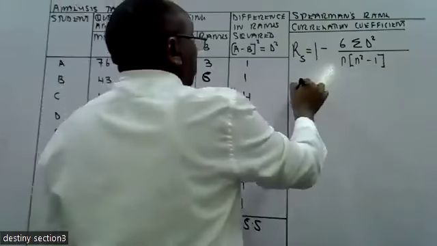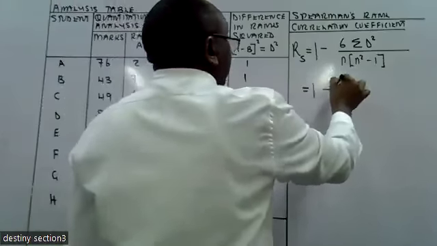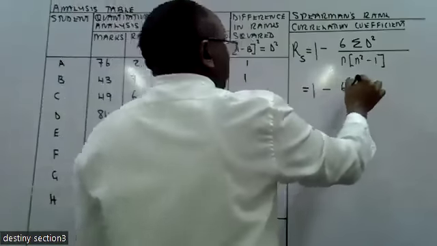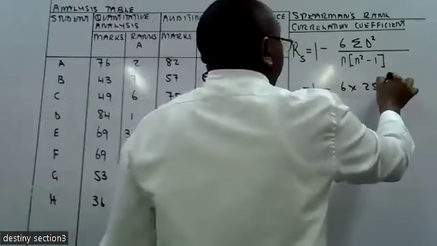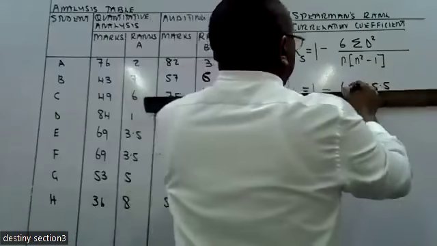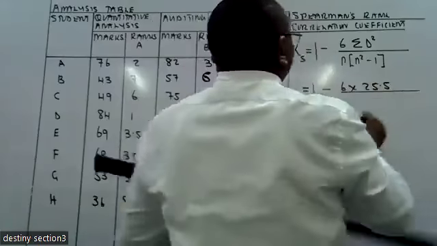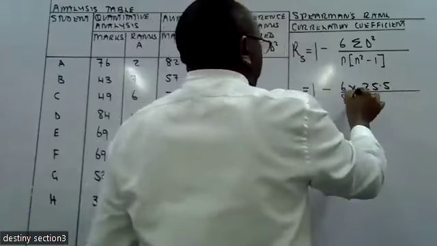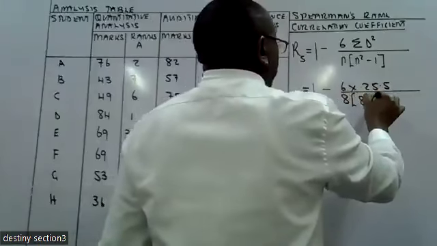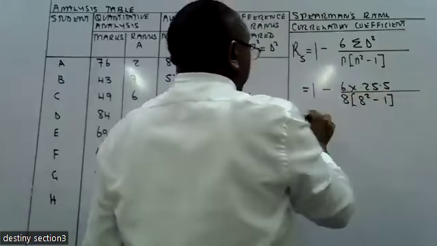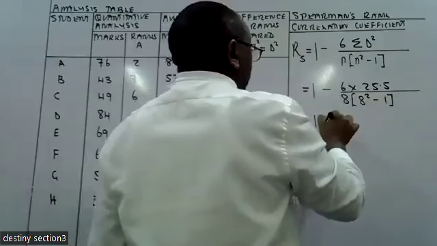Sasa, this becomes 1 minus 6 times d squared, which is 25.5. We divide by n. N is 8. So 8 square minus 1. So this is 1 minus what?